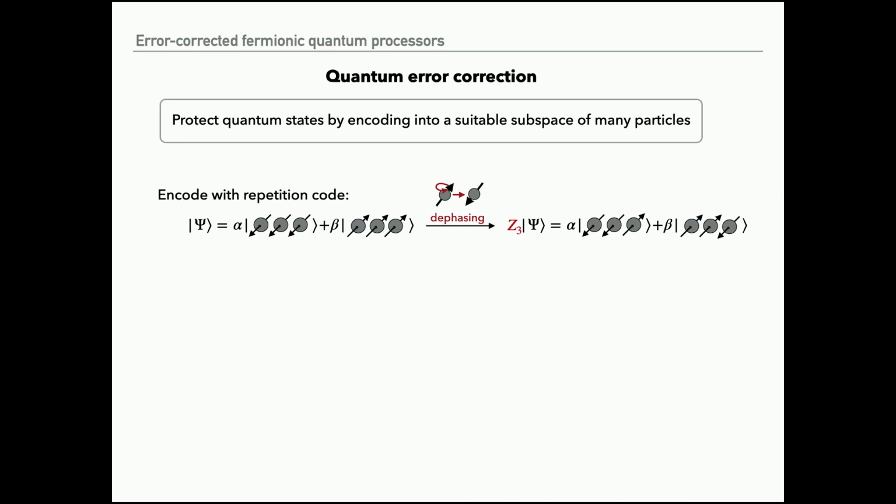You use this redundancy to encode the information not in one, but in this case into three modes, and here I'm talking about spins. If you have something like a dephasing operation, it doesn't directly couple to the quantum amplitudes alpha and beta, but instead it just changes the structure of what you call the code words.